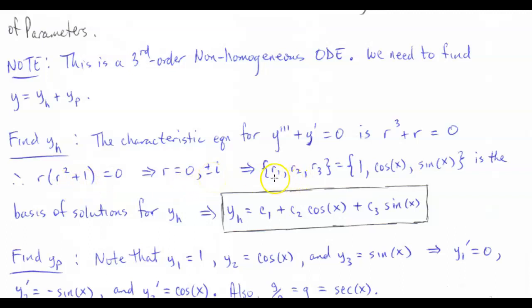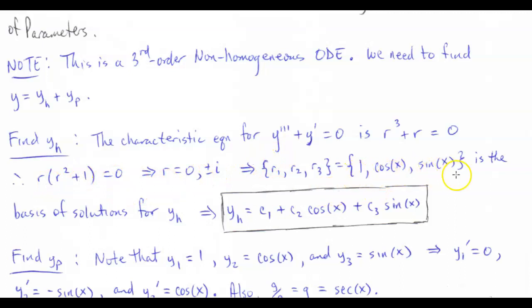So that means that our basis of solutions here, since the two roots that come from the r squared plus 1 equals 0 situation, is going to be where we get a case 3. So that's where the cosine and sine come from. Of course, with r being 0, since this is a third order linear homogeneous equation with all constant coefficients, we just have e raised to the 0, which is 1.